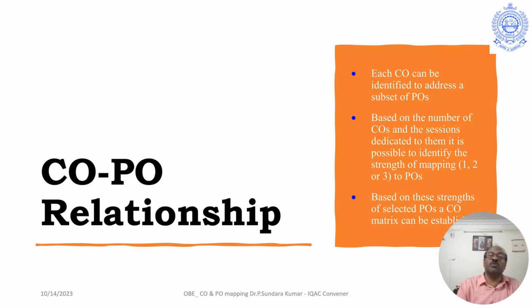Okay, the CO-PO relationship I plan to explain for today. The topic is CO-PO mapping. First, each CO can be identified to address a subset of POs. And second, based on the number of COs and the sessions dedicated to them, it is possible to identify the strength of mapping.